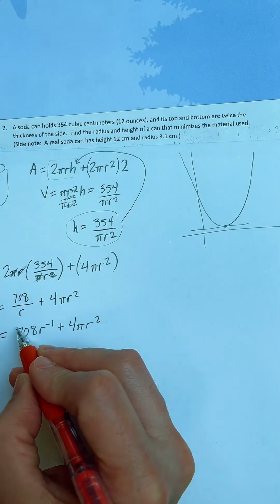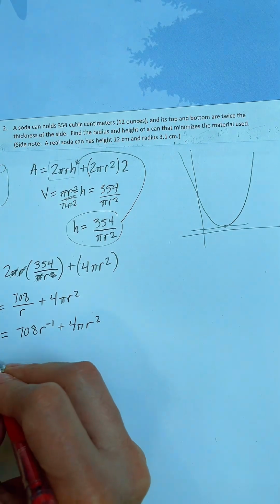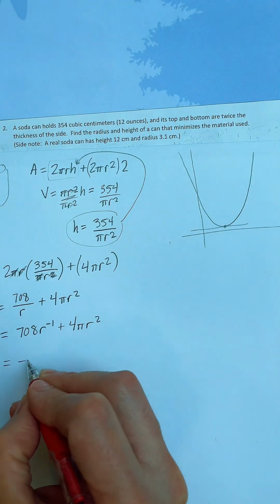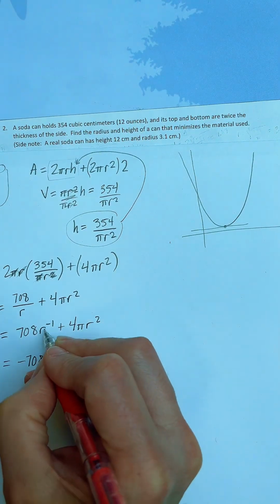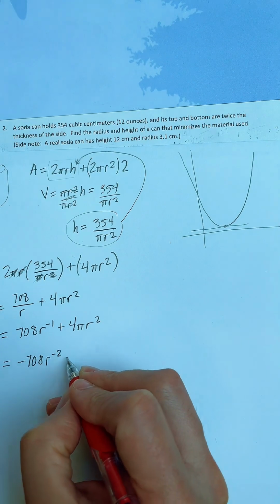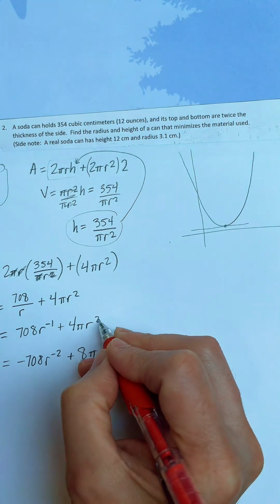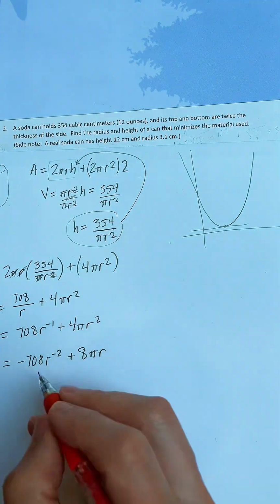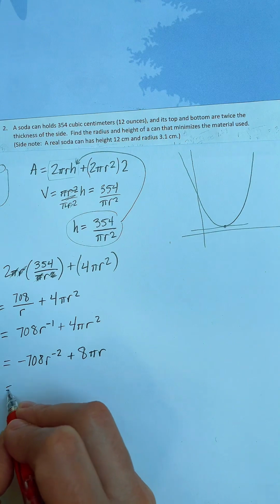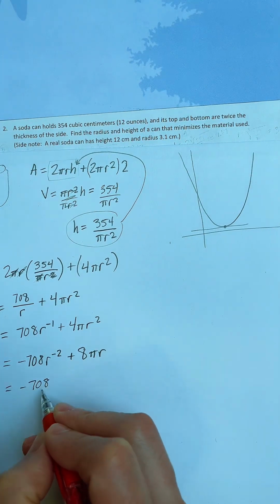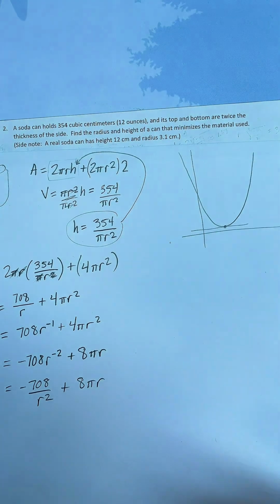This power is going to come down, so it'll make a -708, and we'll write A prime equals -708, and then that becomes -1, so that'd be -2, and then this comes down, makes an 8 pi r, and then we reduce it by 1, so there you go. Now let's move this back underneath. So A prime is equal to -708 over r squared plus 8 pi r.